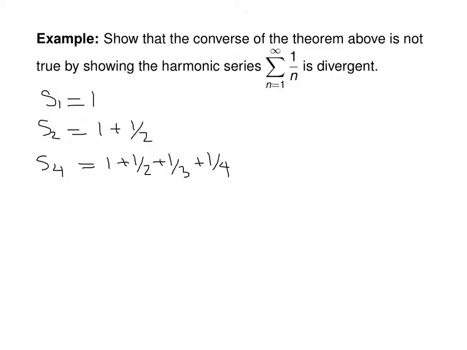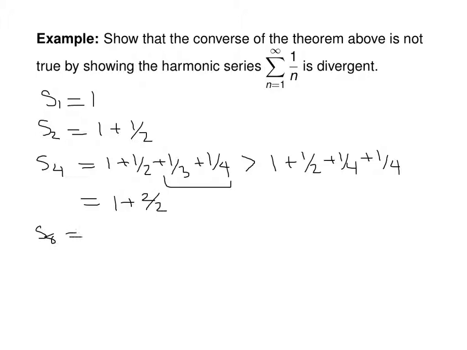And what you should notice is that 1/3 plus 1/4 is greater than 1/4 plus 1/4, because 1/4 is less than 1/3, and that's the same thing as 1 plus 2 over 2. And the eighth partial sum will be 1 plus 1/2 plus 1/3 plus 1/4 plus 1/5 plus 1/6 plus 1/7 plus 1/8.